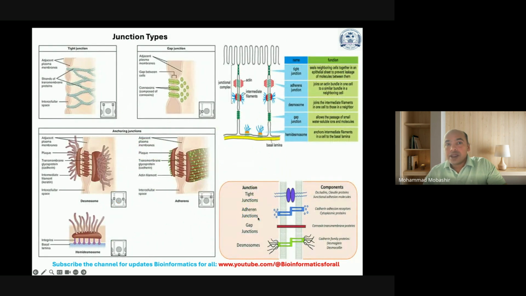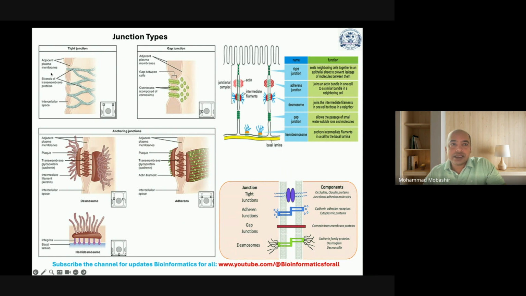Now, if you want to understand the junction types, as I mentioned, there are two types of junctions. One is where you can say tight junction and gap junction. Another is anchoring junction, where you can include adherens junction, desmosomes, and hemidesmosome. A gap junction should look like a gap between cells.